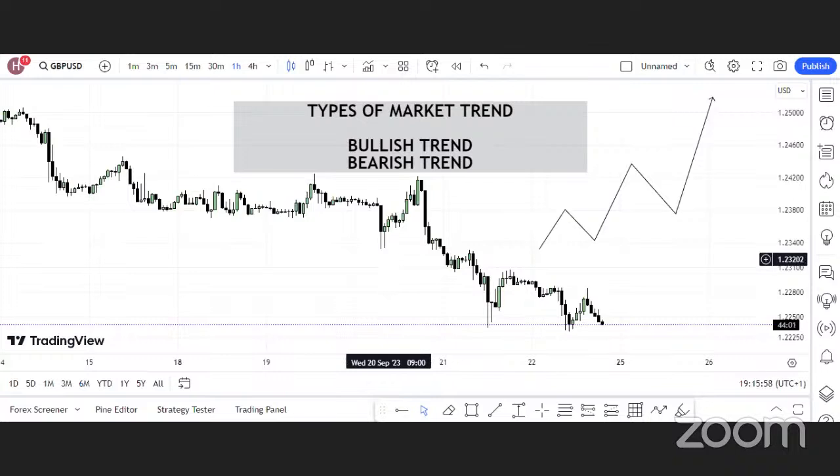The most used ones are the fundamental analysis and the technical analysis, but we are going to be focusing majorly on the technical analysis. Let's leave the sentiment analysis aside because it's not that important. When you know your fundamental analysis and your technical analysis, I don't think you have any use for the sentiment analysis.